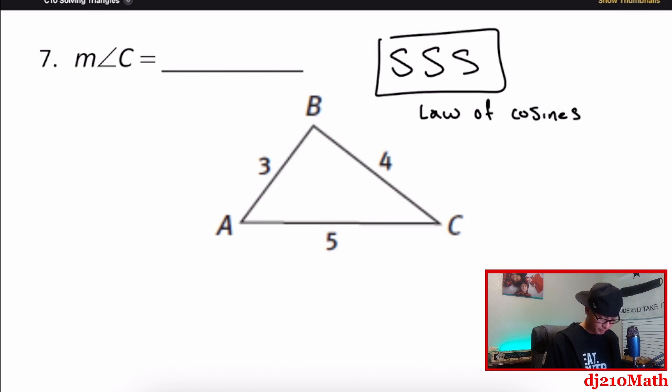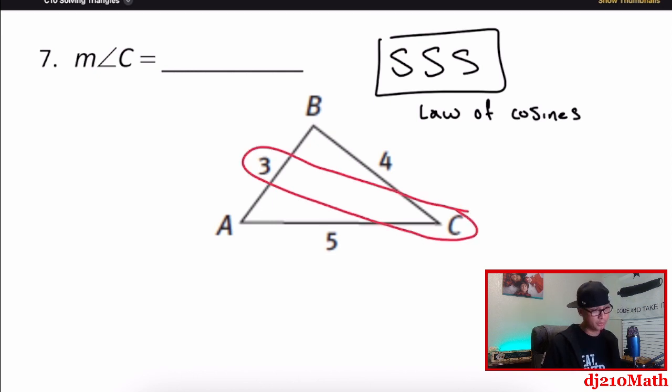Okay. We want to find C. So we're looking for big C. Because we're looking for big C, the side that's across from it is going to be 3.